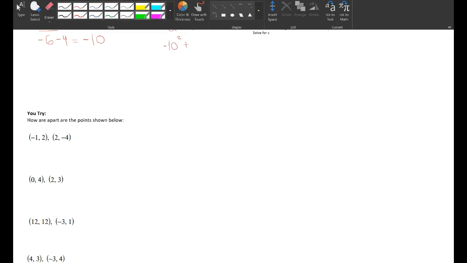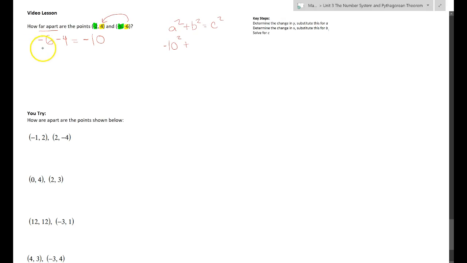The change in X is going to be, well, if I went that way for the first one, I have to go that way for the second one as well. Main rule here is you just have to go the same direction both times. You could do it going this way, but force of habit for me, I do it this way.